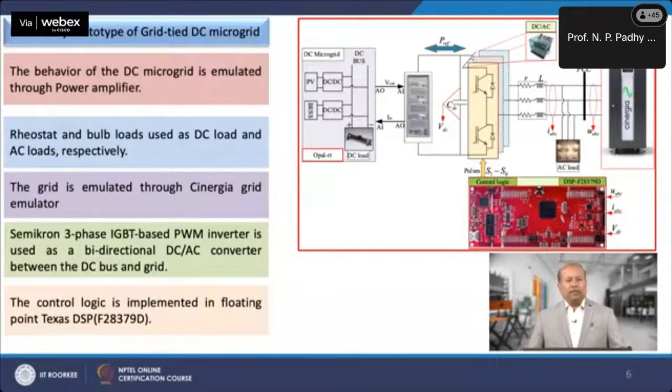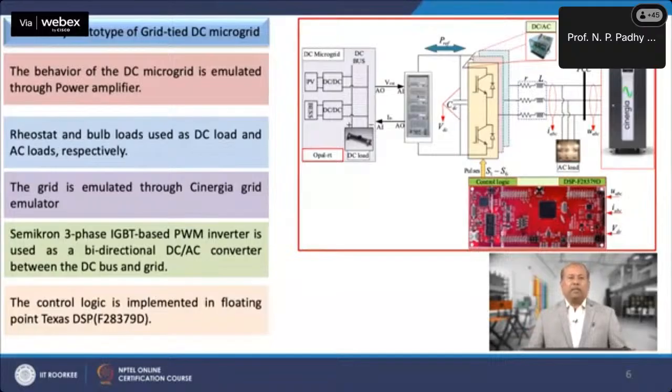The current fed to the power amplifier is further given to the analog input of the Opal RT. This creates a PHIL loop between the Opal RT and the power amplifier. The combined operation of the Opal RT and the power amplifier emulates the DC microgrid behavior close to perfection.